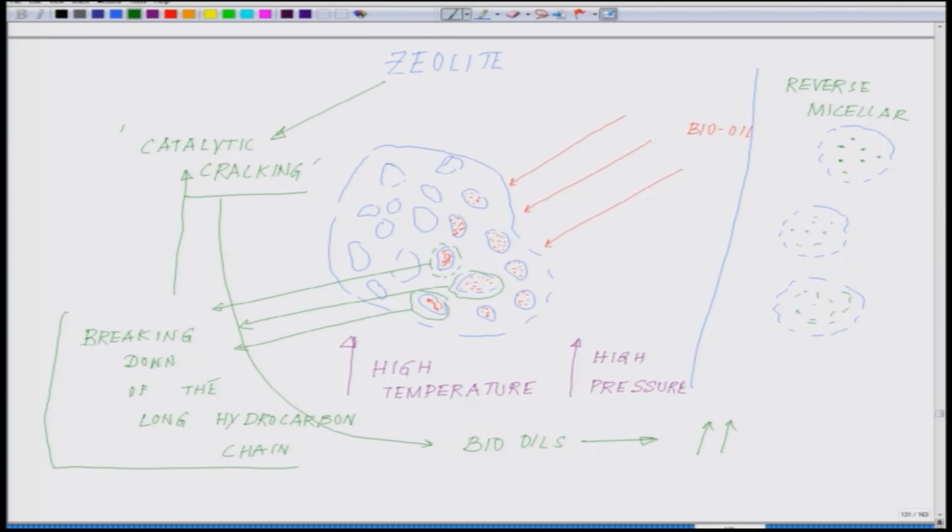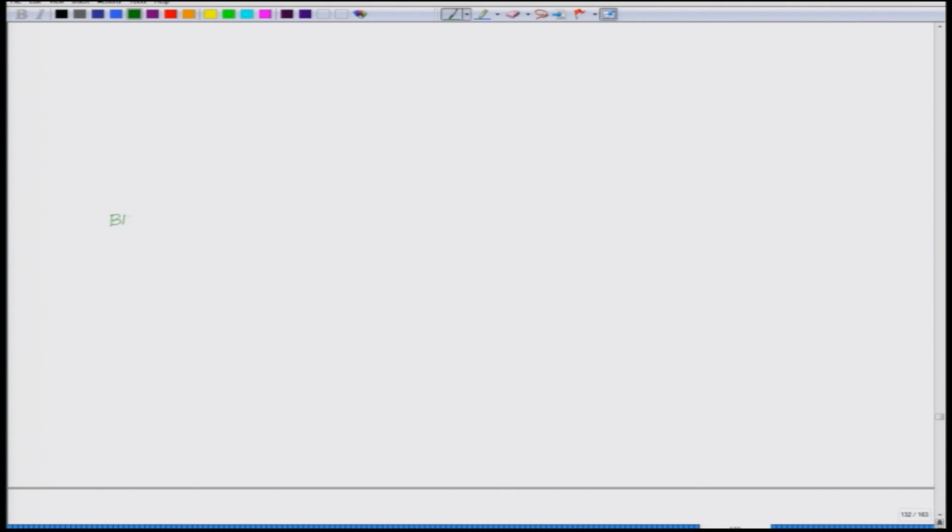Now, going back to the previous class, if you remember, we talked about a particular table layout. We talked about when you have the bio oils, what are the transformations we are doing. One transformation is the hydrogenation reaction.